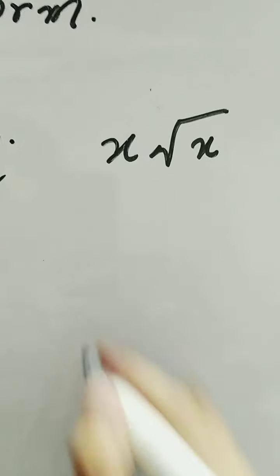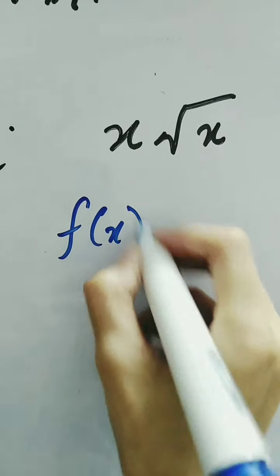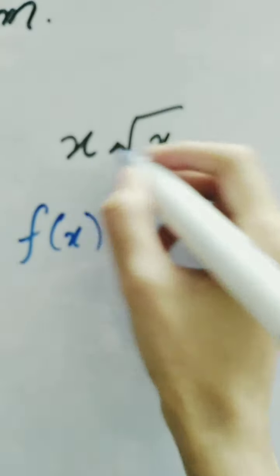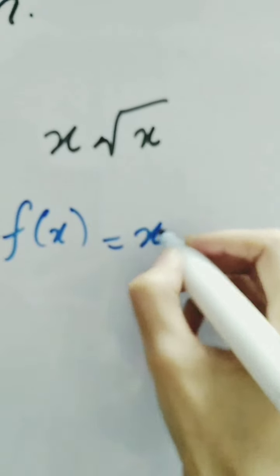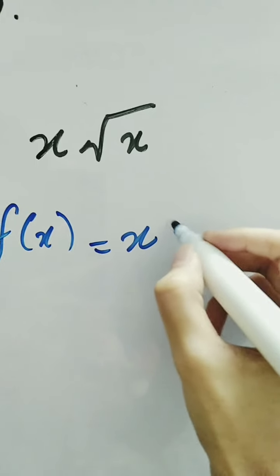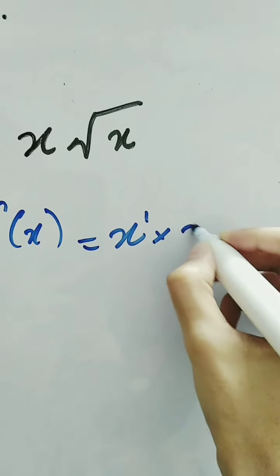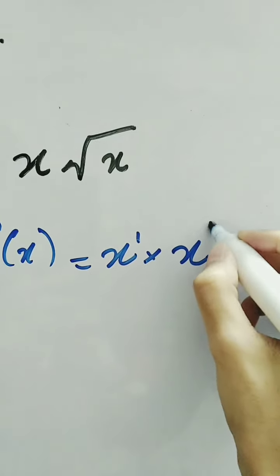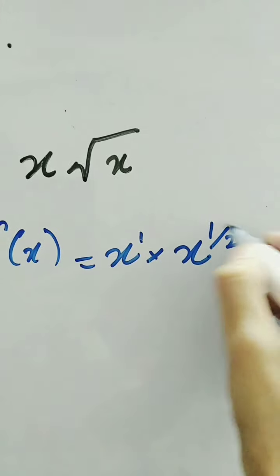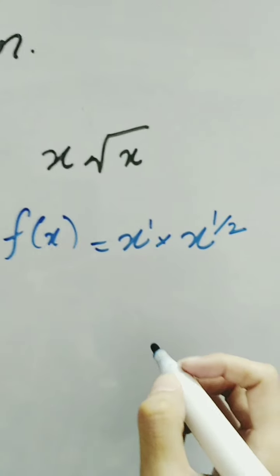Here we have another function, x under root x. So first of all, we simplify this for our function. Here the power of x is 1, and it is multiplying with another x which has a power of half, which is basically equivalent to square root.